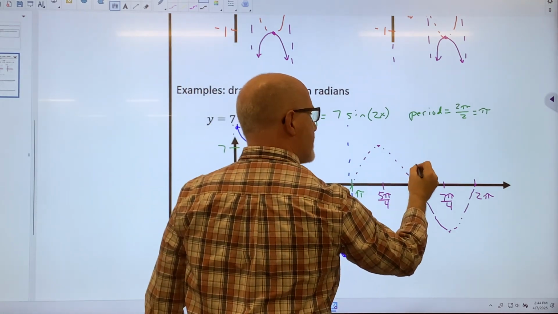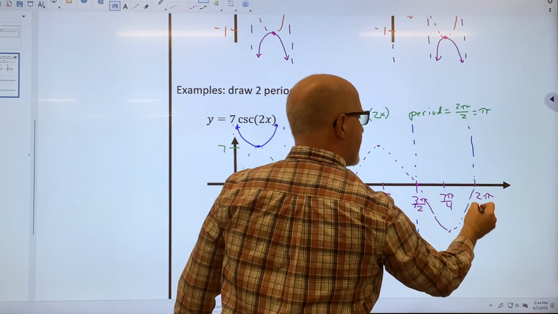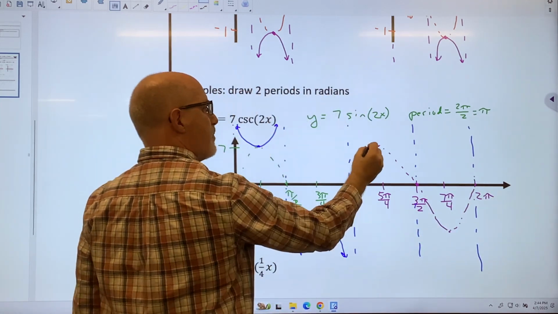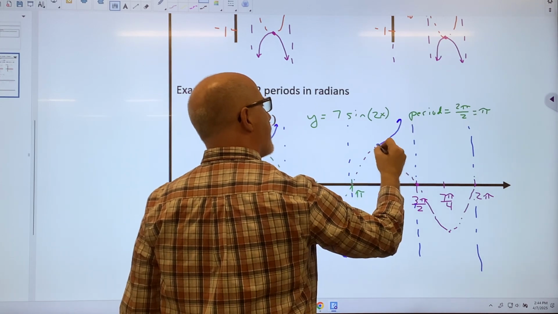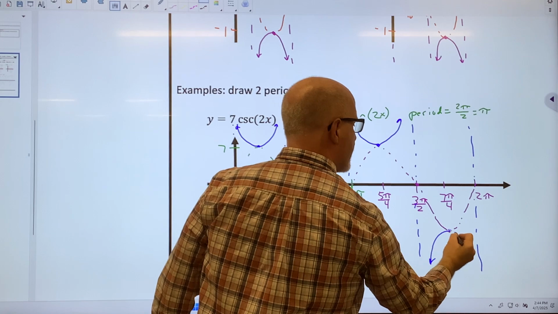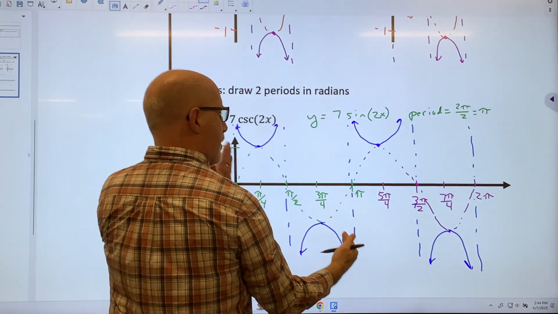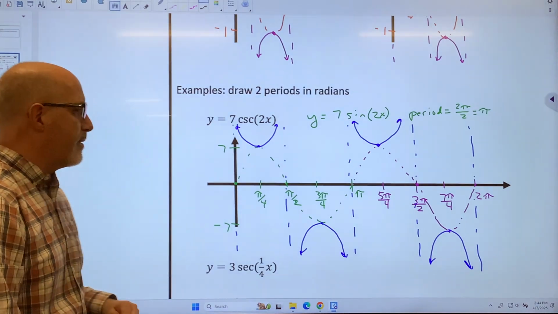So here's another asymptote where it crosses the axis, the midline, in this case, which is the axis. And then at the top point, reciprocally, this one goes down, so we're going to go up with the U, with a curve here, and then down with this one. So there's 1 period and 2 periods of my cosecant graph.